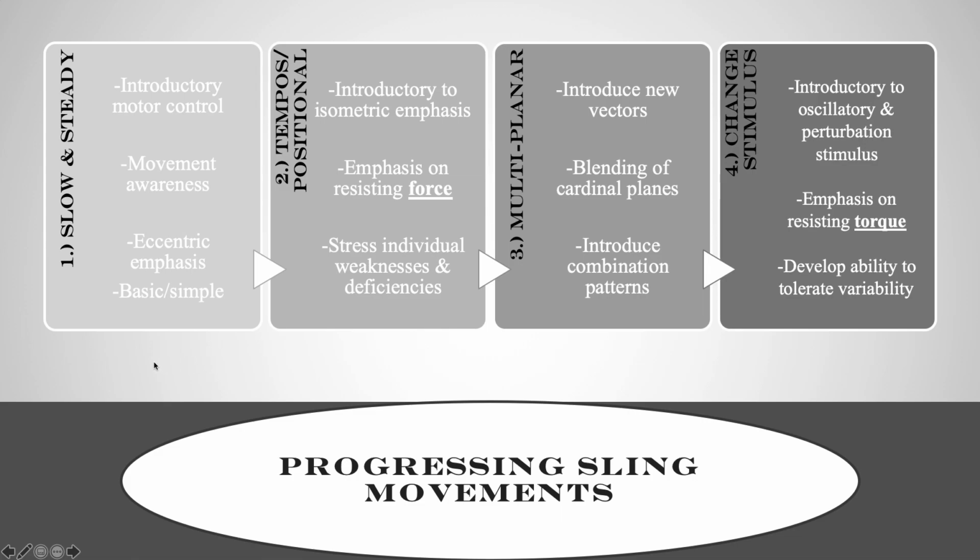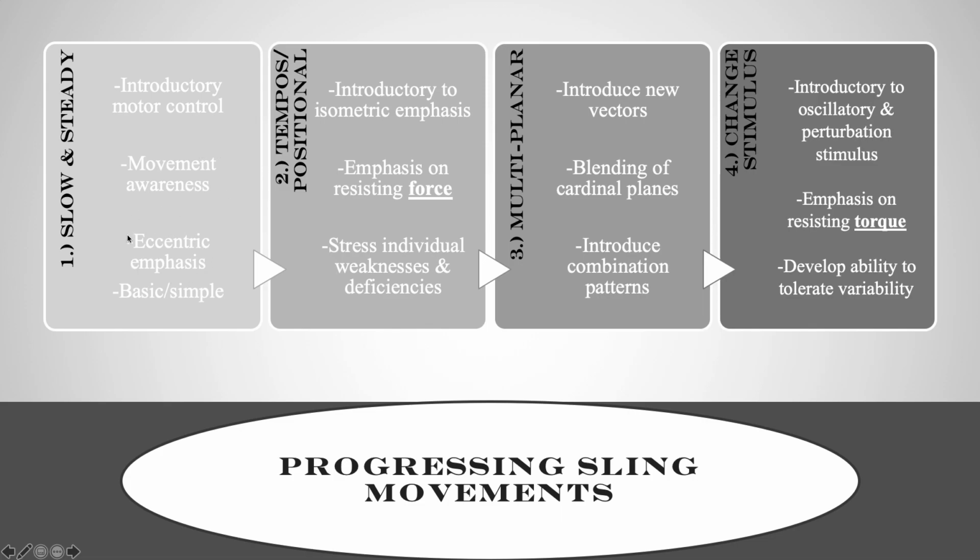Now, if we look at progressing sling movements or just training with a fascial emphasis, how do we go about progressing those? Well, we want to start with introductory motor control, big emphasis on movement awareness.